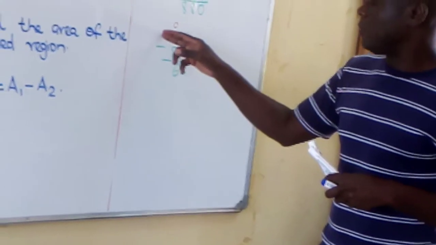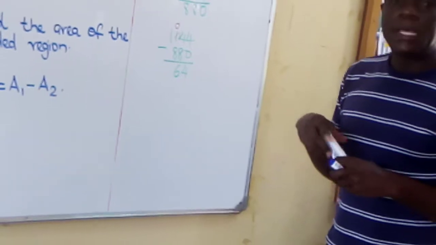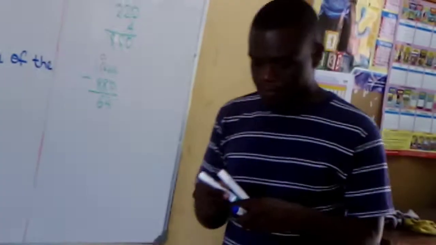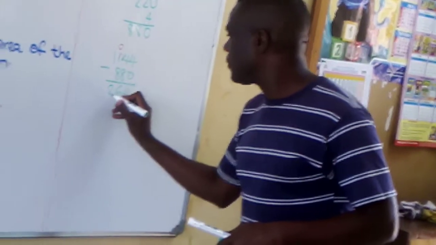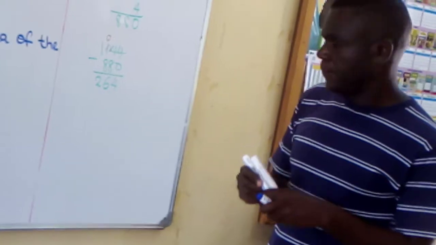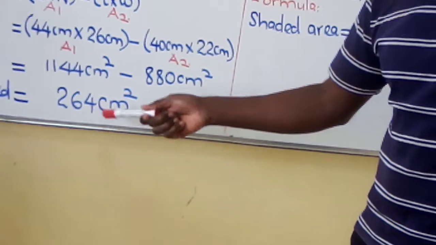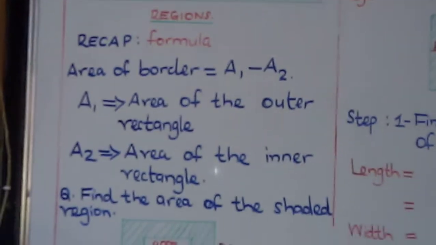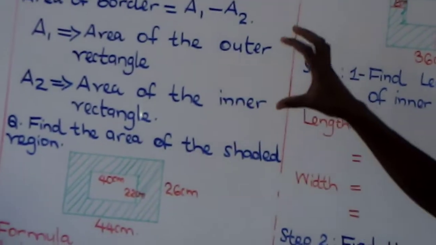And then we can borrow 1 from 1. So that becomes 10. What is 10 minus 8? Boys and girls, 10 minus 8 is 2. I hope you got it that way. So the answer of the shaded area is 264 square centimeters.